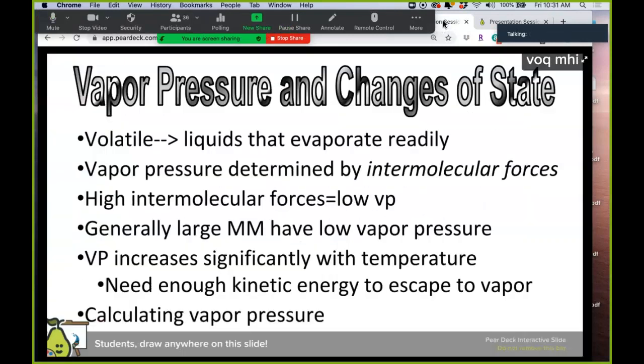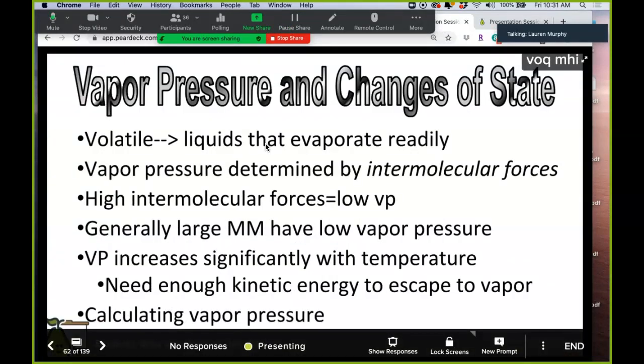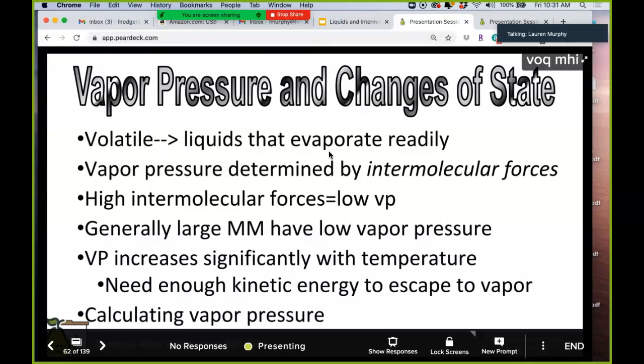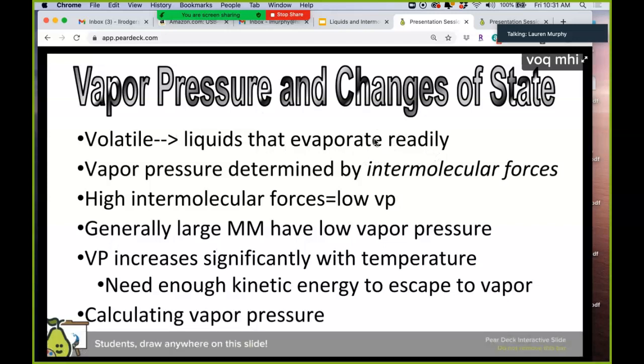Okay? So things that are termed volatile means they escape. They're specifically liquids that escape into the gas phase easily. They evaporate easily. Can you think of a common household substance that you've probably used in your life that is considered volatile and escapes into the gas phase pretty easily?